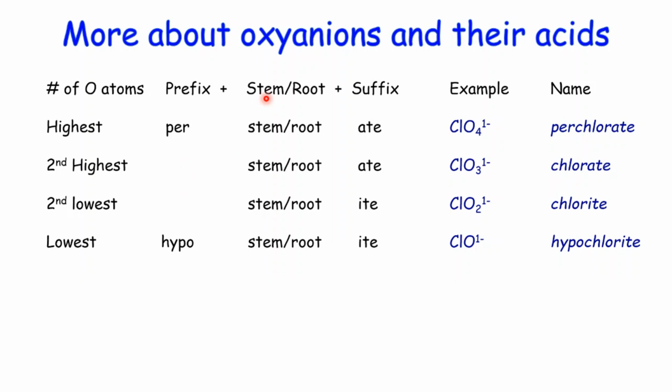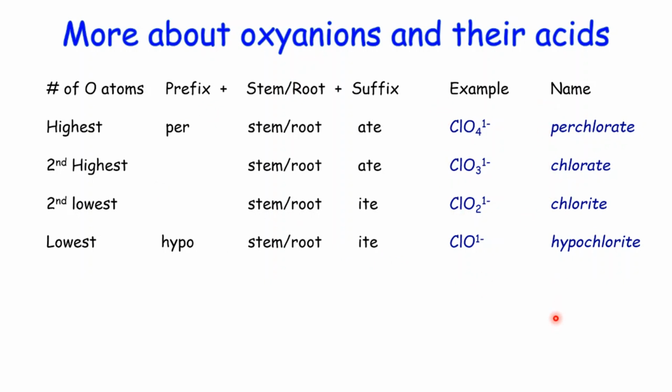And now the stem, root, or base names. And then comes the suffix. Those plus signs mean that all 3 parts should be just one word. And here are the examples, and here are the names.